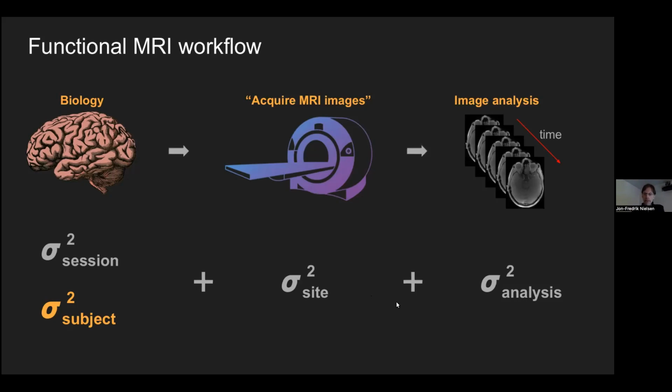And then on the analysis side, depending on what analysis pipeline or analysis tools you use, that might introduce some variance, let's say across different groups, as we know, who analyze the same data and can come up with different conclusions. So there's been a lot of work, of course, by this institution and others on harmonizing the analysis side, with tools like FreeSurfer and FSL and so forth.